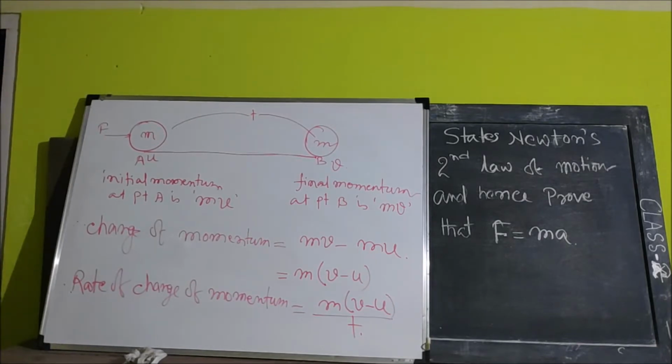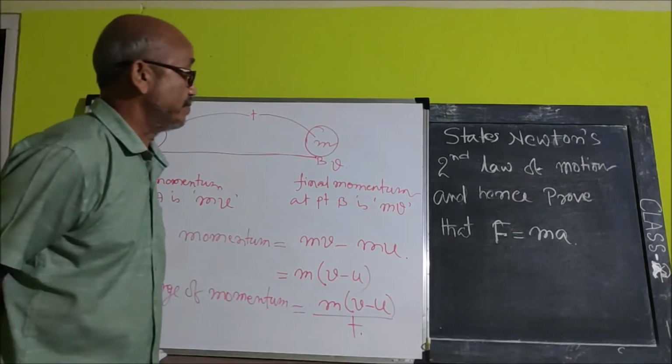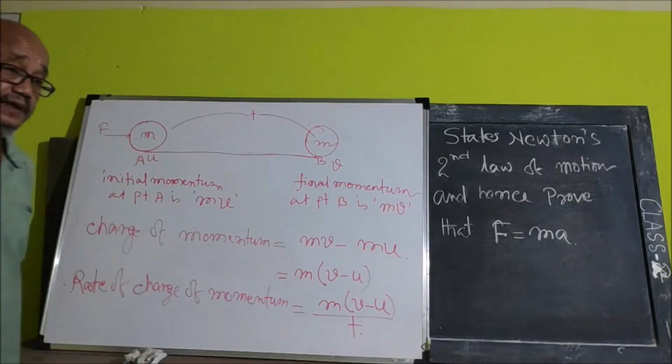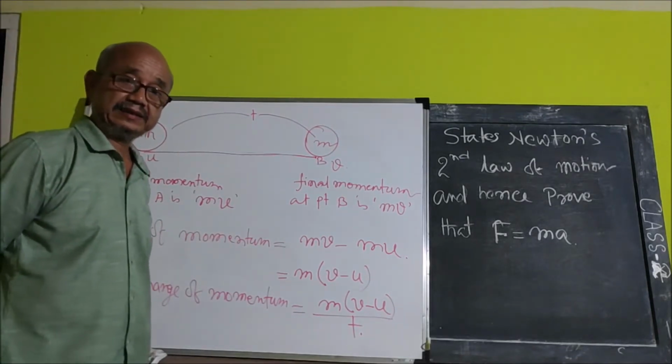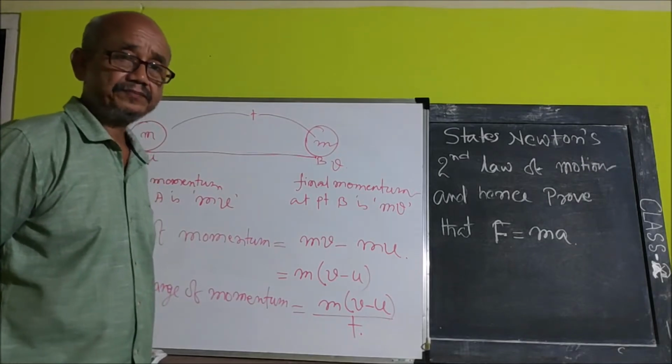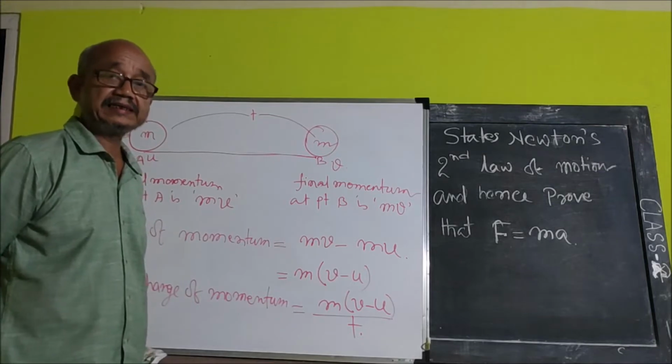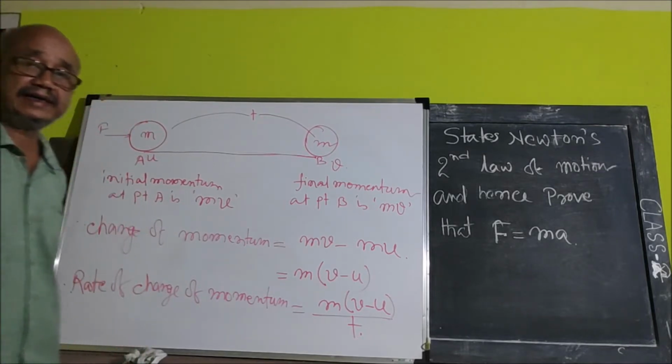Now, according to Newton's second law of motion, the rate of change of momentum of a body is proportional to the applied unbalanced force in the direction of the motion.